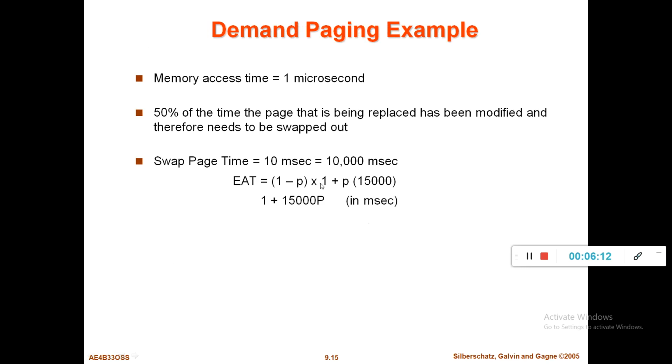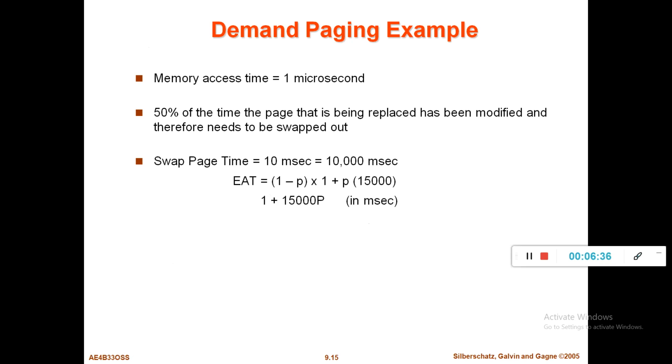EAT is equal to (1 minus p) into 1 plus p of 15,000. So we have considered the swap page time, meaning there is no page present in the memory, then there is a page fault. Now that will be considered as 1 plus 15,000 p in microseconds.